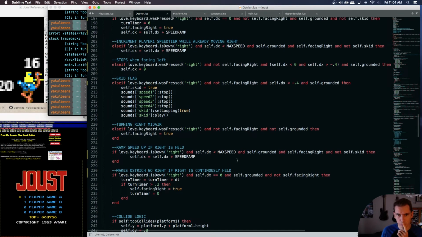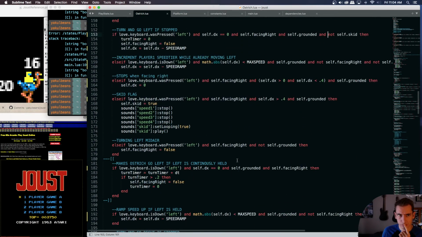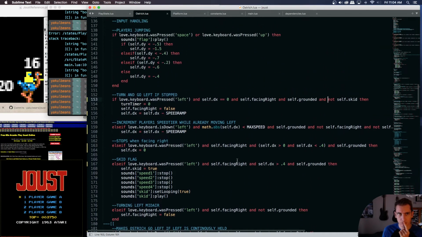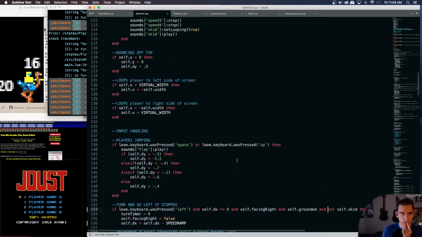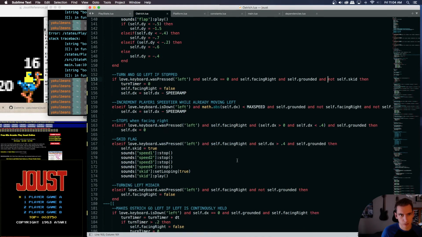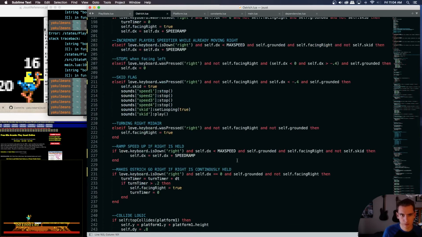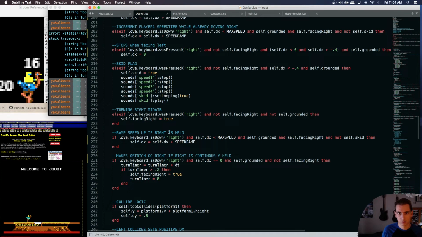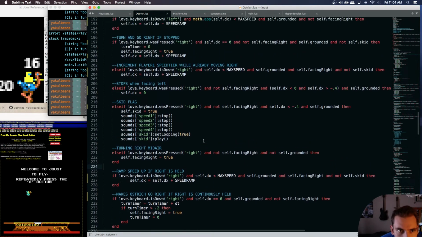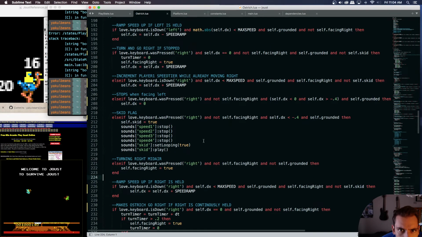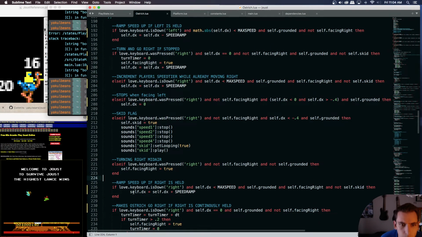Where's this ramp speed up if left is held? Oh, you know what? Did I take that out of the left one, right? Ramp speed up. So is there any? I think that one might be screwing us.